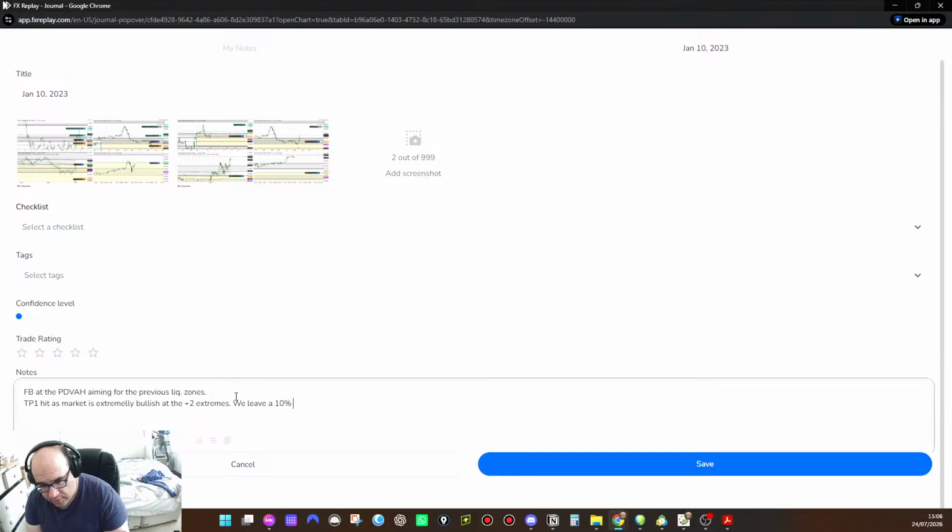We leave 10%. We moved the stop loss to break even and left a 2% runner to prior internal liquidity.